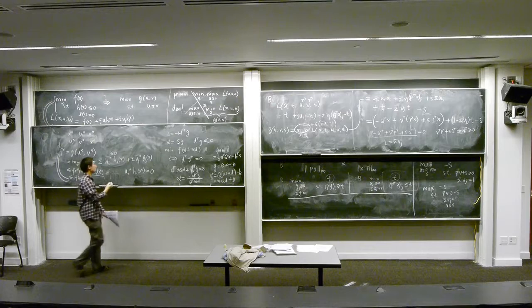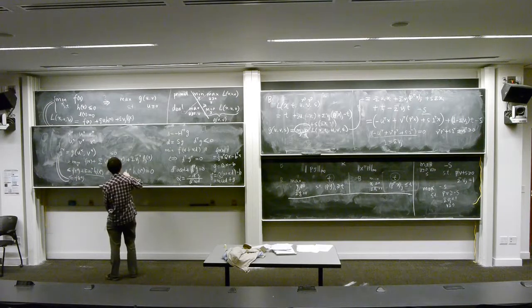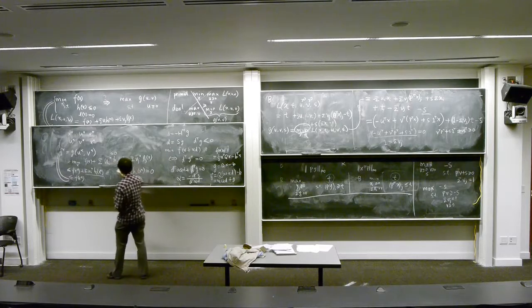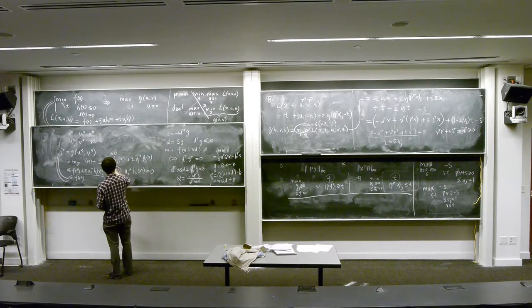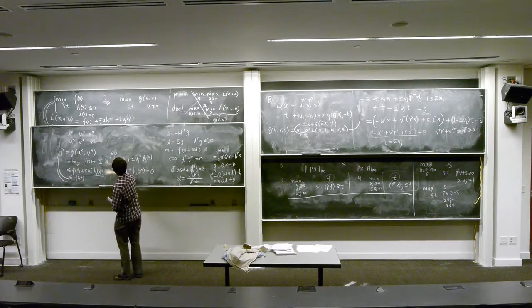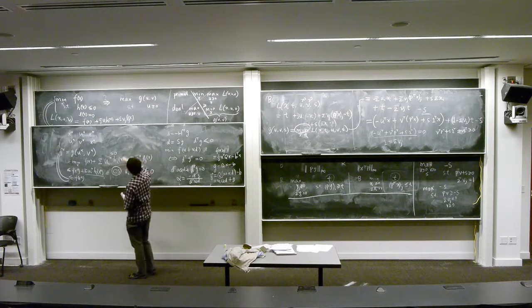So I have this stationary condition. So this is feasibility, this is complementary slackness. And for this line to go through, I have to have the stationary condition.